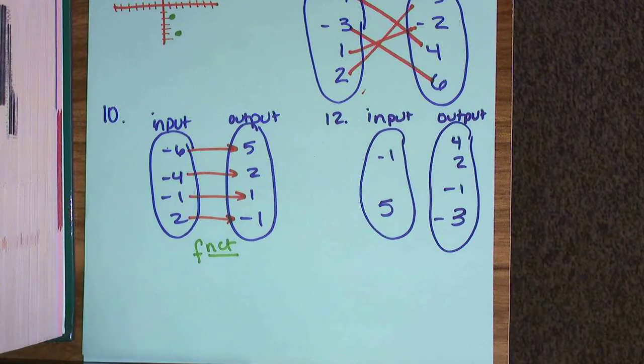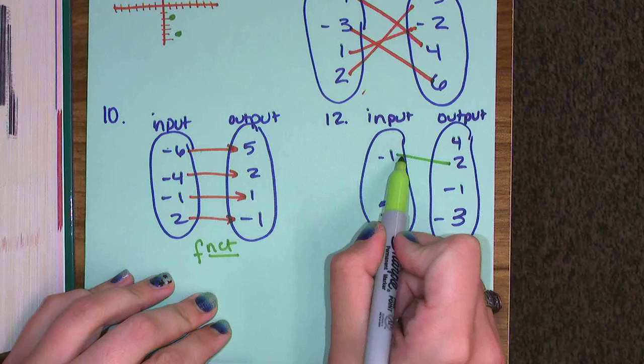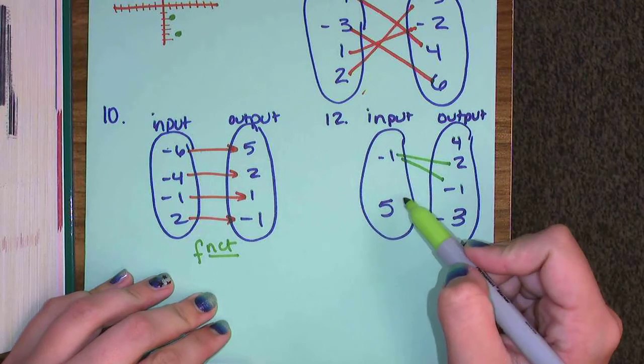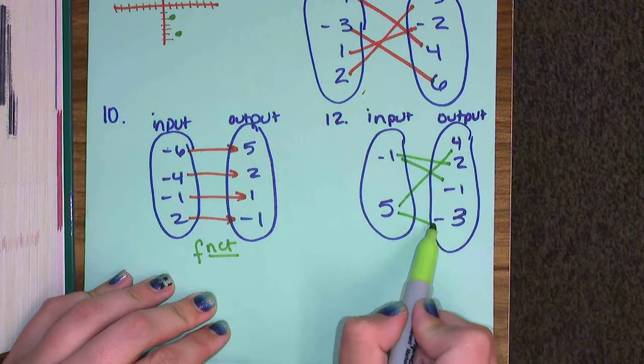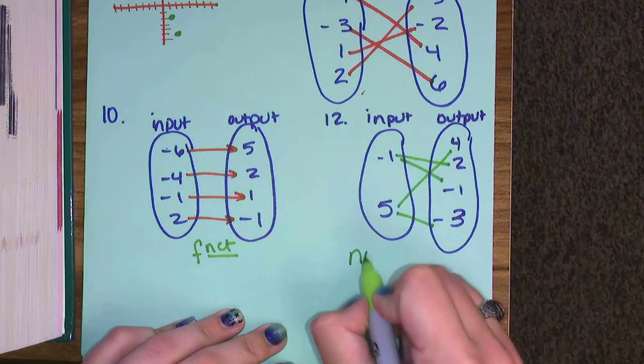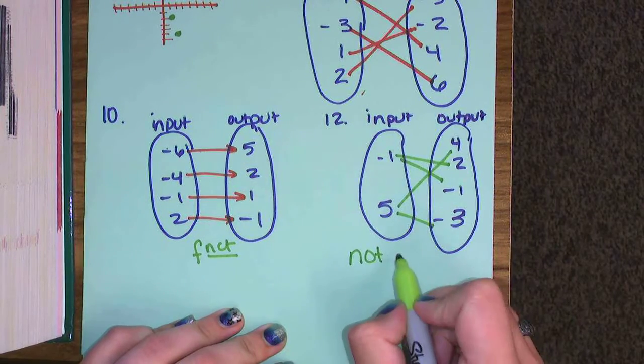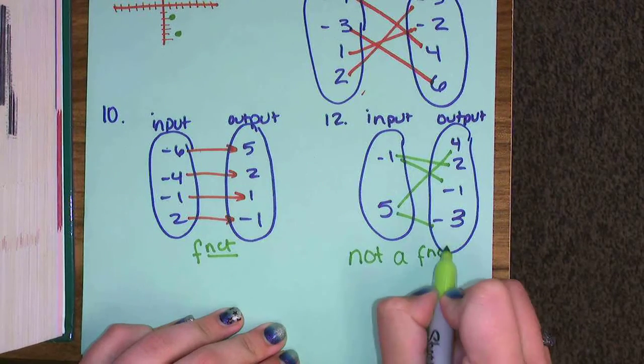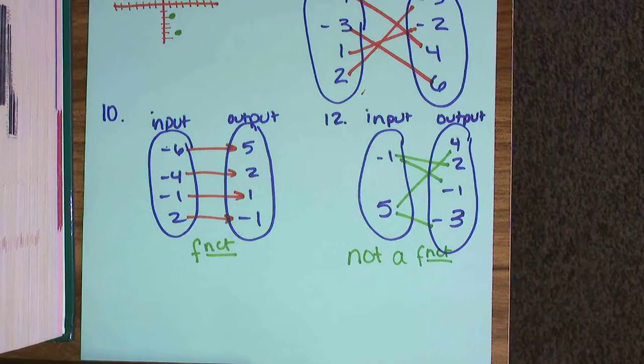And they have -1 going to 2 and -1. They have 5 going to 4 and -3. Not a function, why not? Yep, each input has more than one output. Okay, and if you want a shortened way to write function, FNCT is how you can do that.